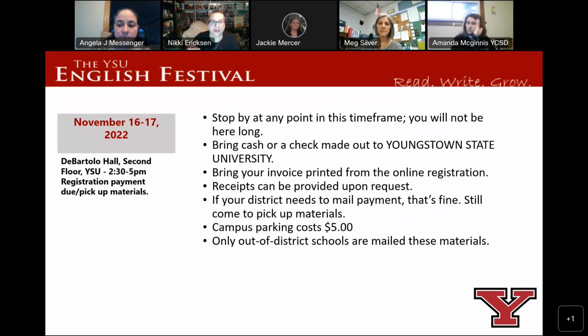Just remember the deck beside DeBartolo is gone, and there are a bunch of construction vehicles at random times everywhere. They haven't been keeping the lot across from McDonald's, in between McDonald's and Taco Bell, really open, but there are also lots behind those that you may possibly not have to pay to park in.